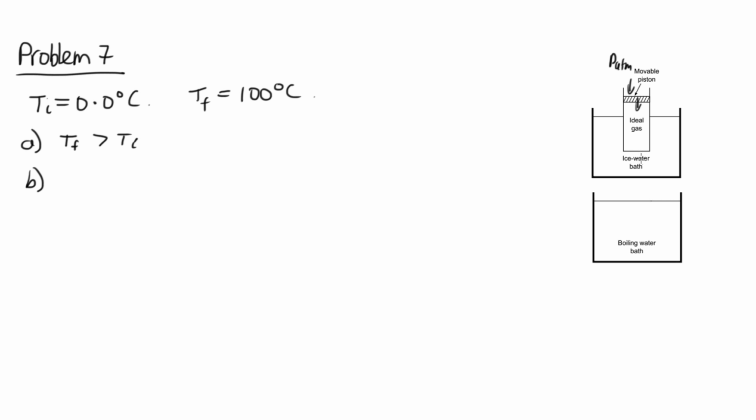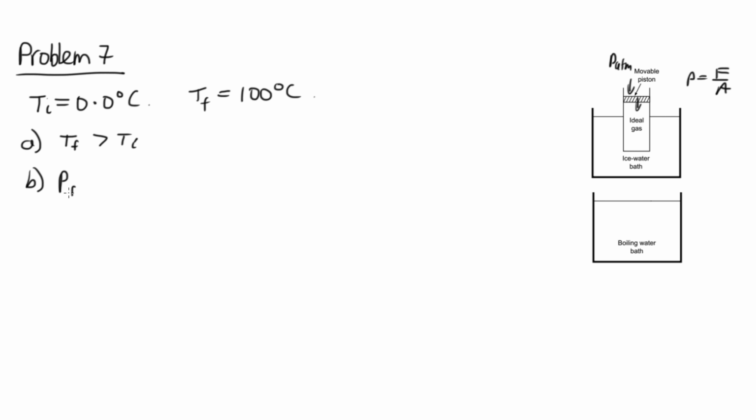So it's nothing to do with this ice water bath. When we move it into the boiling water, once again we've got the same atmospheric pressure acting on it, and we haven't changed the weight of the piston. So because pressure is equal to force over area, and it's got the same cross-sectional area and the same weight force acting on it, the pressure inside is going to be the same.